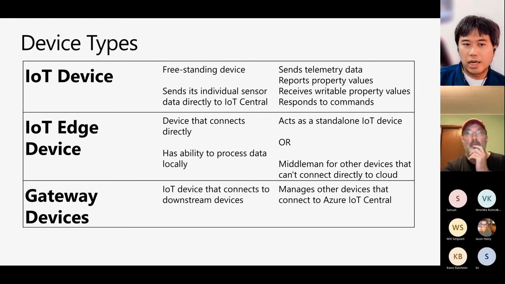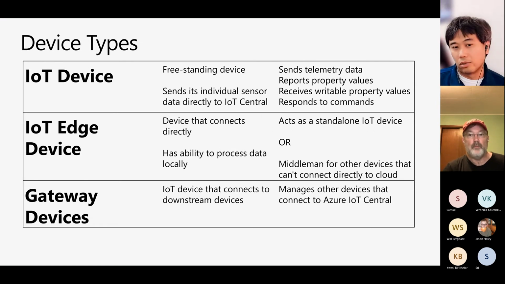Another one is a gateway device. A gateway device is the one that manages other devices that connect to IoT Central. There are some low power devices out there that use a different protocol instead of directly connecting to Wi-Fi, right?